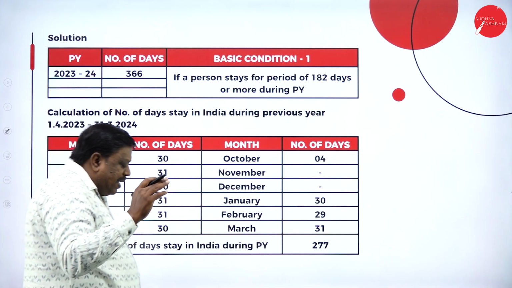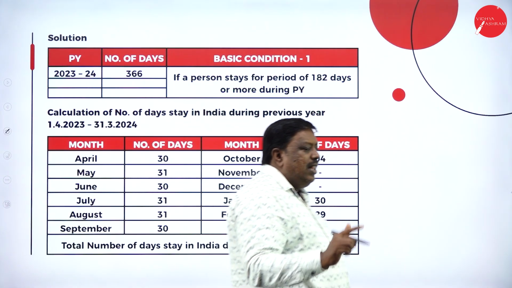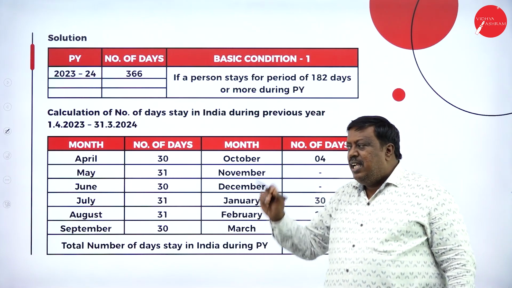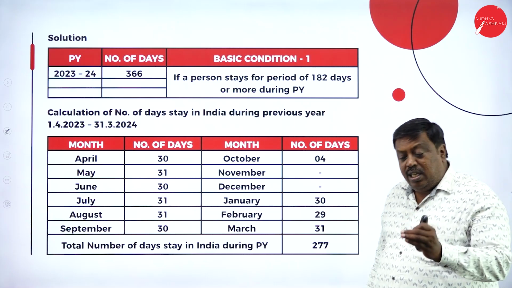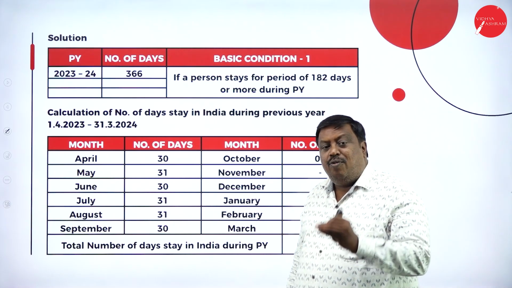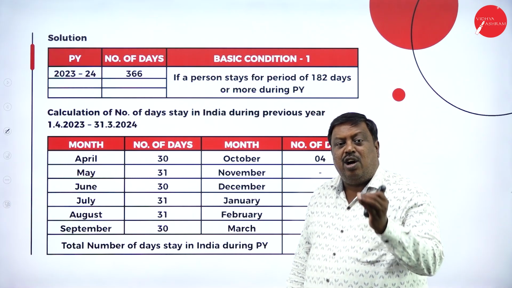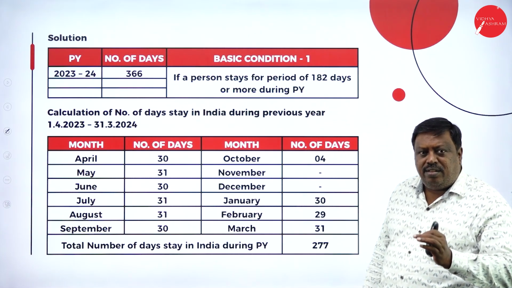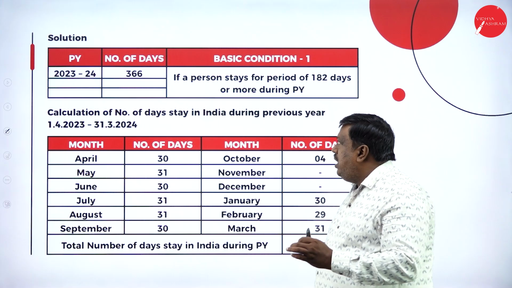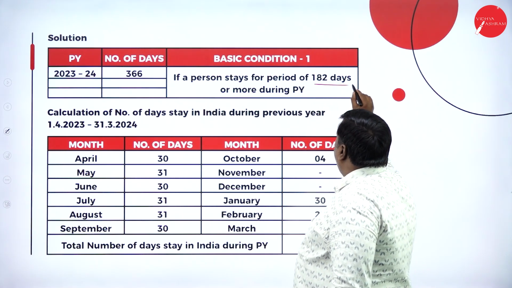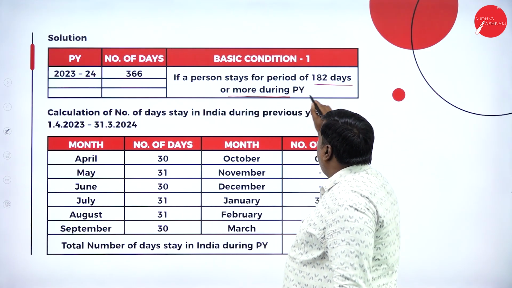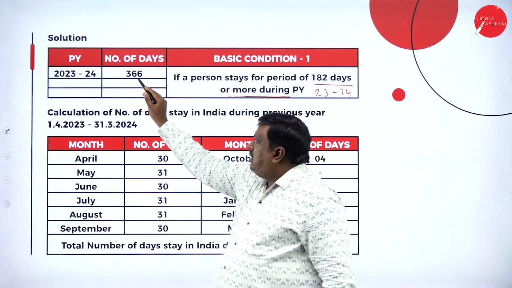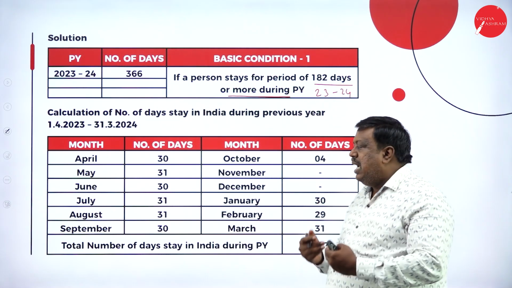The first basic condition as per Income Tax Act 1961 says that he or she should have stayed in India for a period of 182 days or more during the previous year, 2023-24. So out of 366 days, how many days was I in India?